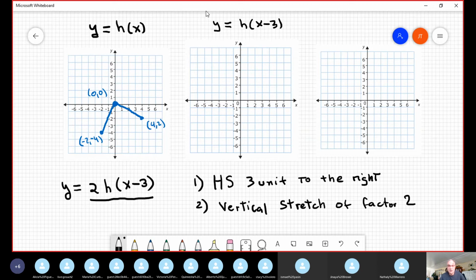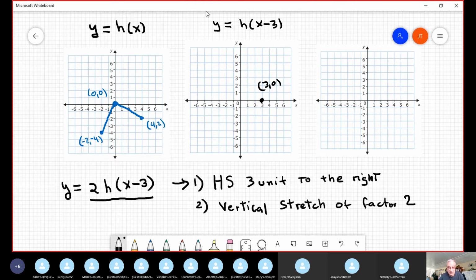Correct? Okay, so let's do the first transformation. Any point on the graph, you move 3 units to the right. For example, this point, 0,0, actually should be 3,0. Because look, the first component is 0, and you are increasing because it's to the right, it's plus 3 units.